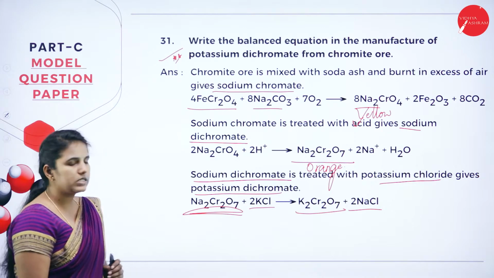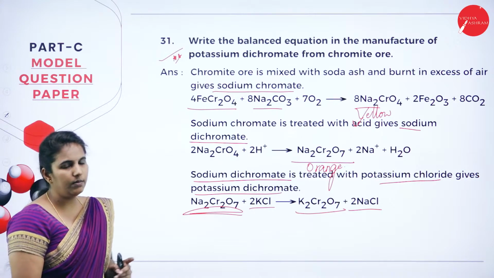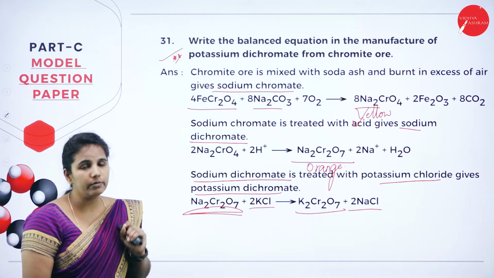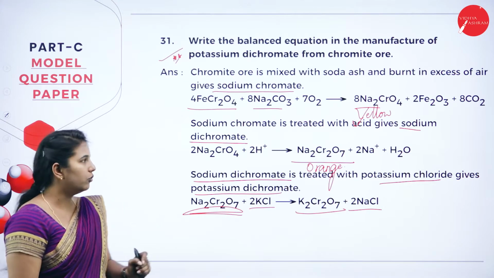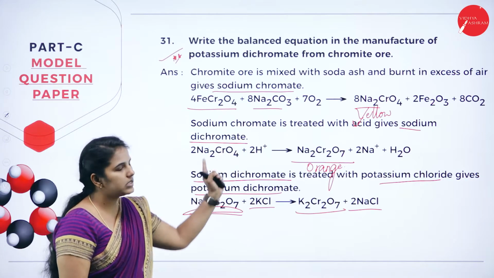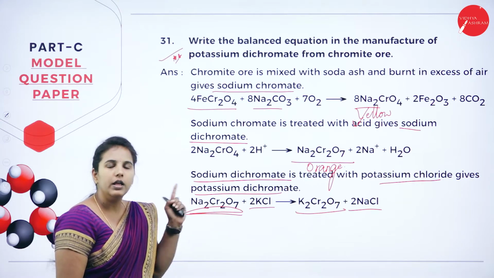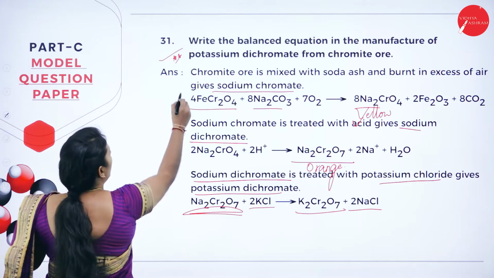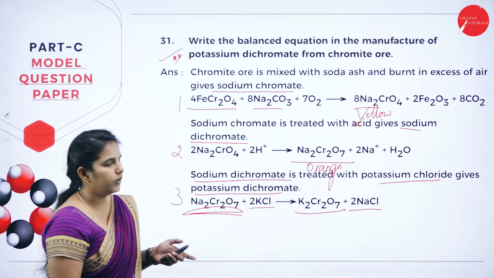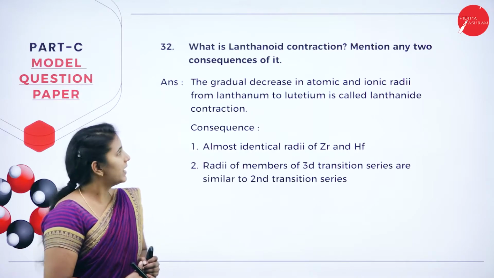So, hope you have understood these 3 important steps involved in manufacturing of potassium dichromate from the chromite ore. If you don't know how to explain, if you write the balanced chemical equation here, you will get 3 marks, and all the 3-step reactions you have to write. Okay. Next question goes like this.